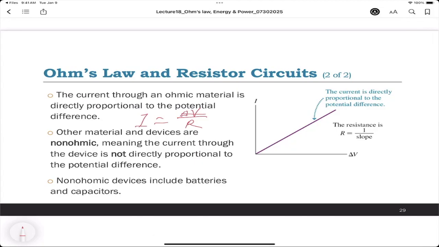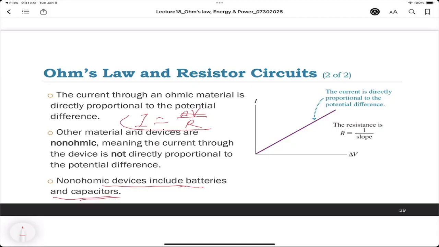Other materials and devices are non-ohmic, meaning the current through the device is not directly proportional to the potential difference. Non-ohmic devices include batteries and capacitors.